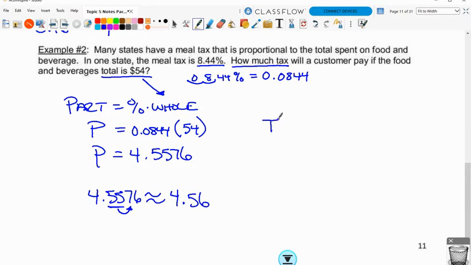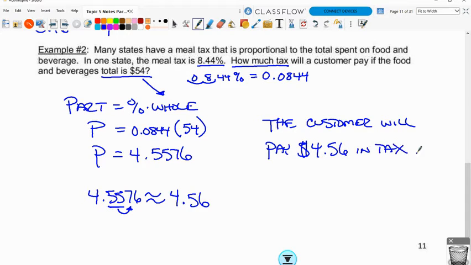So we can say that the customer will pay $4.56 in tax. Okay, so again, we set up our percent equation. And remember, when you're dealing with money, you always have to round your answer to the nearest hundredth. The customer will pay $4.56 in tax.